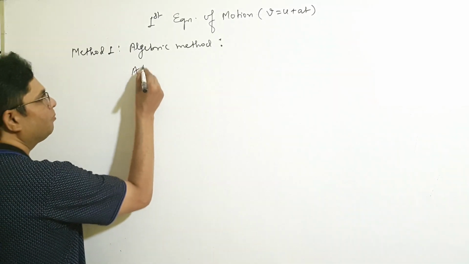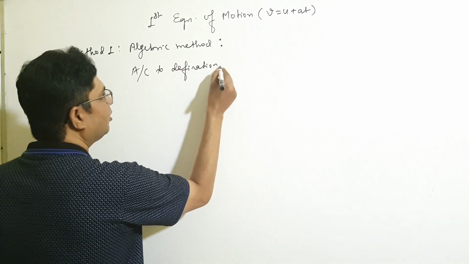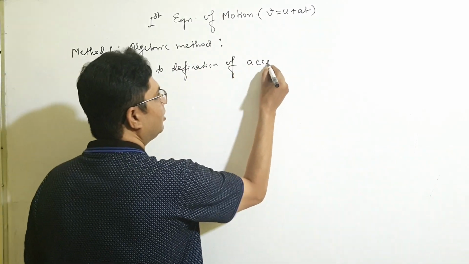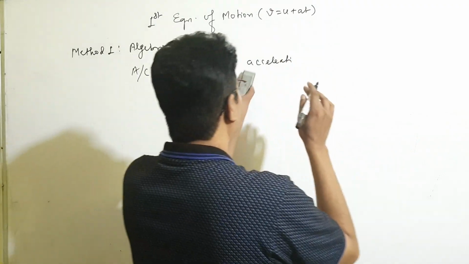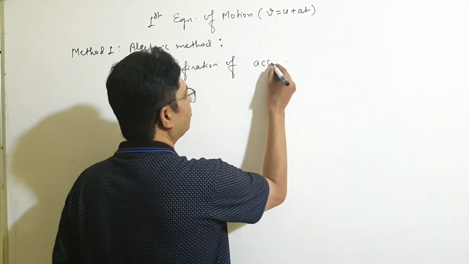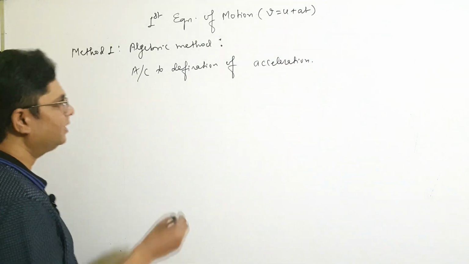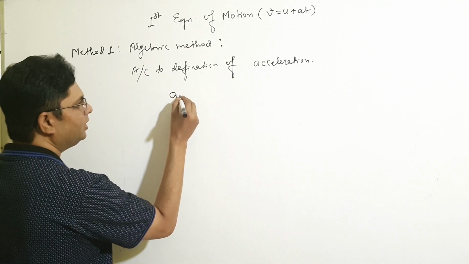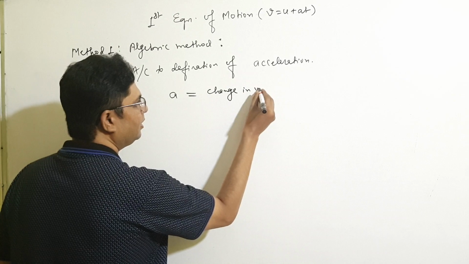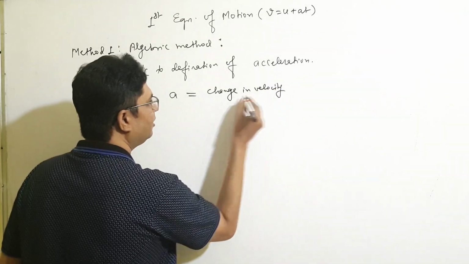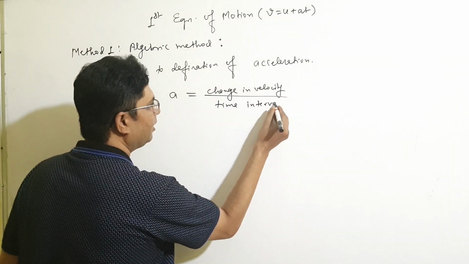So according to the definition of acceleration, acceleration A is equal to change in velocity divided by time interval.